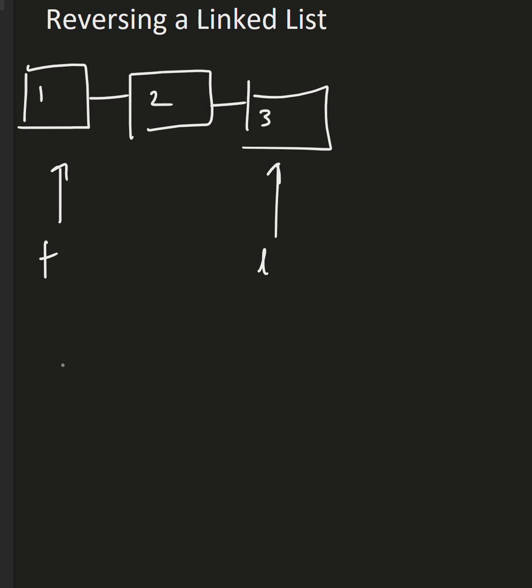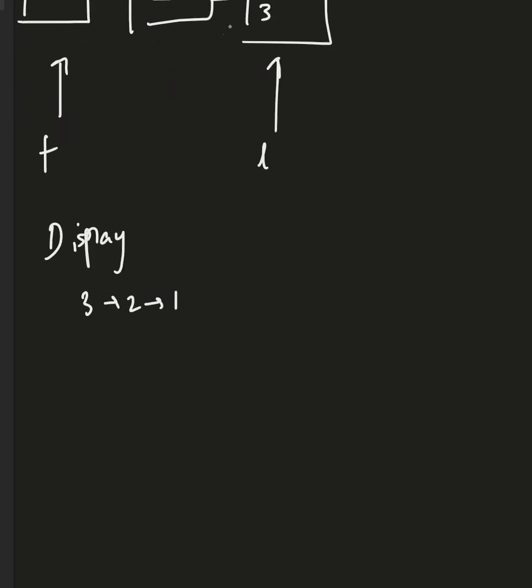One way to reverse the linked list is that when you call the display function, it just displays 3, 2, 1. So the order of the linked list remains the same. Your first pointer is at 1, your last pointer is at 3, but when you display it, it's displayed the other way, from the last pointer to the first pointer.